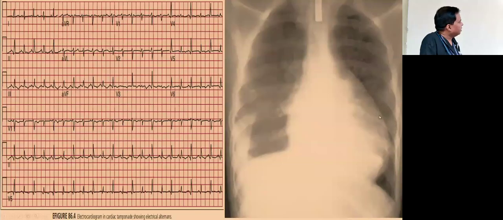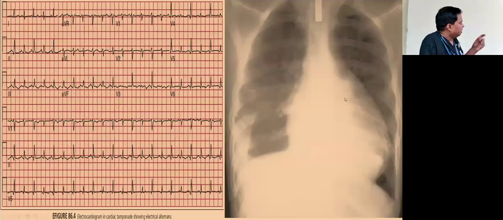And then in the chest X-ray in cardiac tamponade, there is reduced blood flow to the pulmonary circulation, so the pulmonary vasculature will not be that prominent, and there will be cardiomegaly, and you can see a smooth border of the heart. The smooth contour tells you that there is a fluid accumulation.